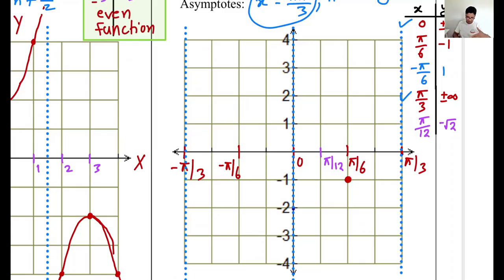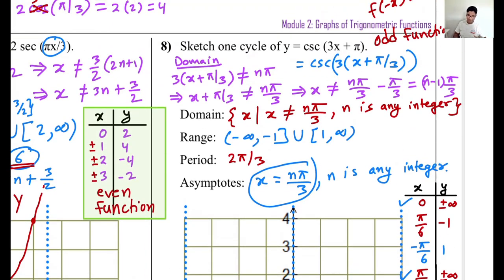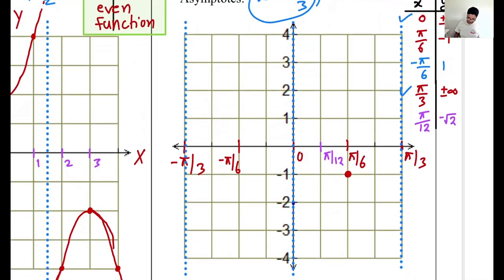They don't take values between -1 and 1. And similarly, at negative pi over 6, the value is 1. So I know now on the right side it will be upside down, and on the left side it would be facing up, right? But I wanted to be more clear about that.